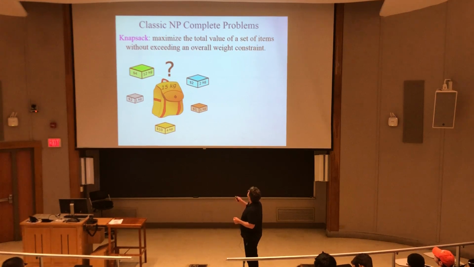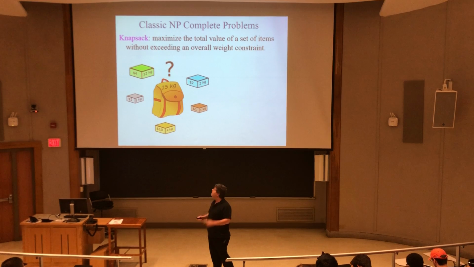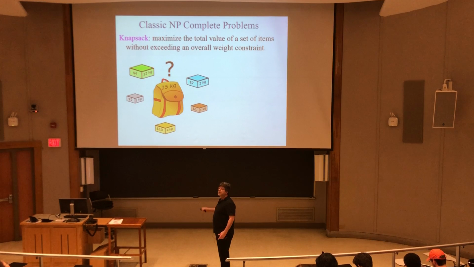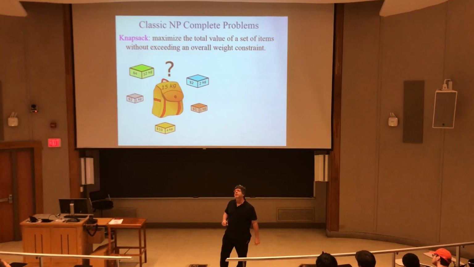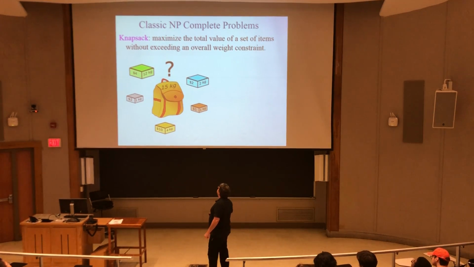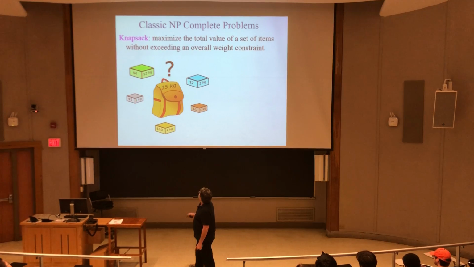So which objects would you put in this knapsack to maximize the total value, given that you can only put 15 kilograms at most, and each one has its own weight and cost value, separate from all the others, and they're all independent? So this problem is very ubiquitous.